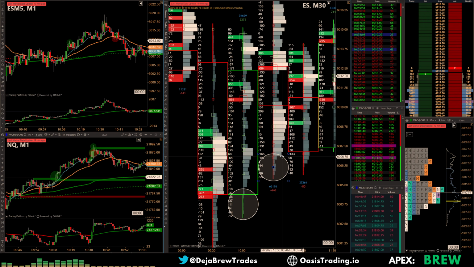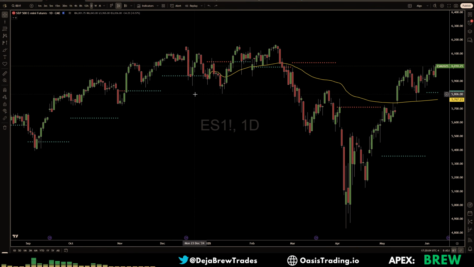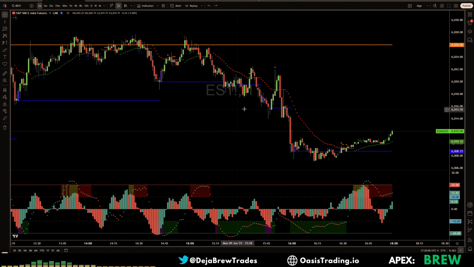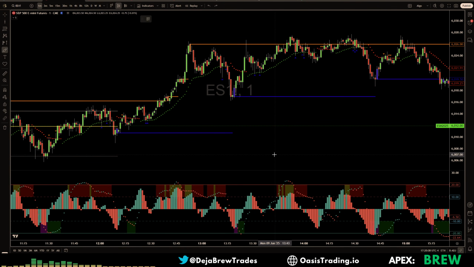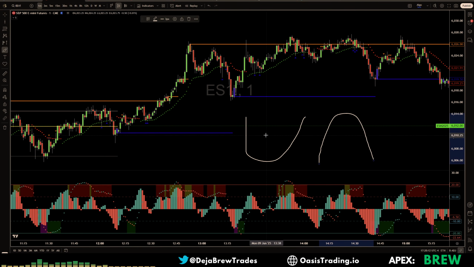If you are not finding those significant nodes, then you want to look for that pattern that we talked about earlier. If you don't have access to the Momo or the OTS, then just look for those cupping patterns, right? You want to look for that cupping pattern on the 1 minute time frame. Are you cupping back to the upside or are you cupping back to the downside?